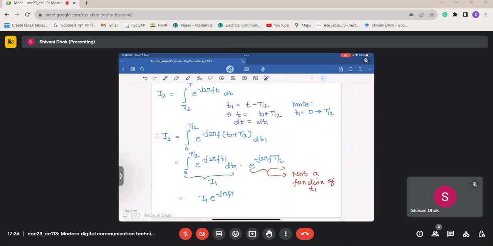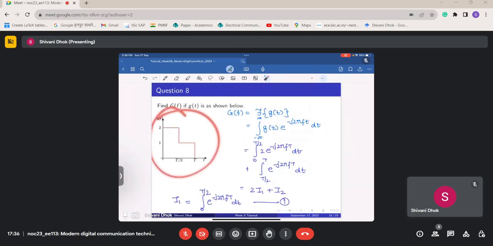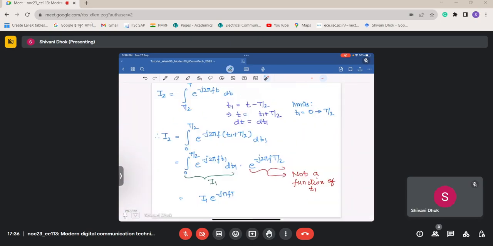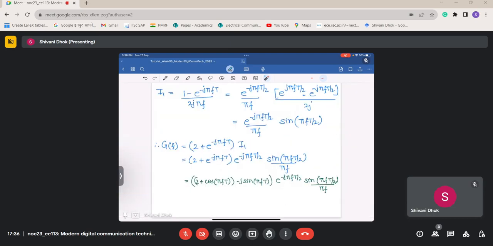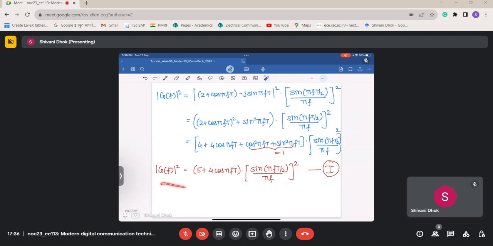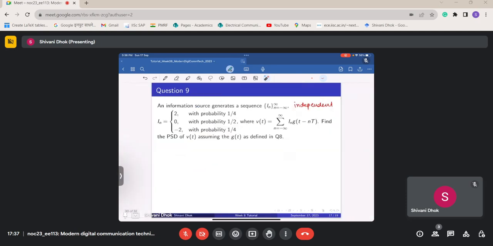That is, this g(t) is given something like this. Therefore this g(t) will have a Fourier transform as this, and the magnitude of G(f) square is simply this.